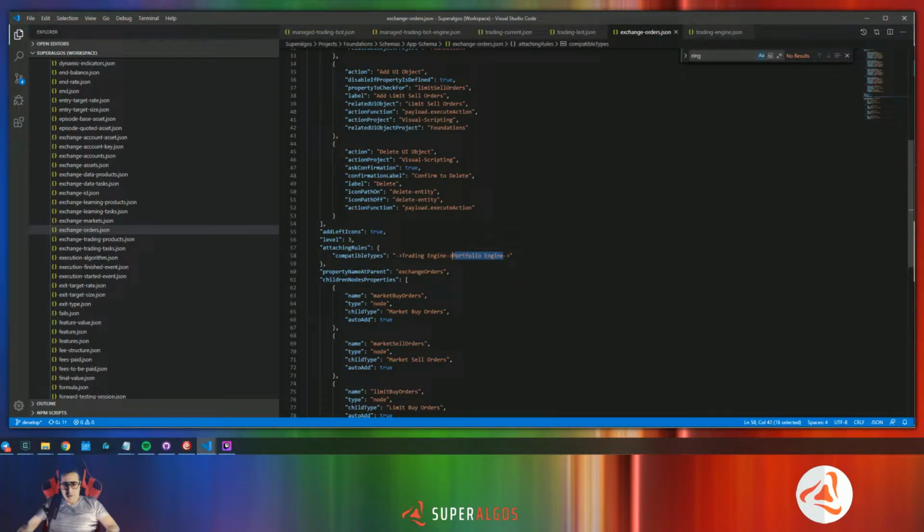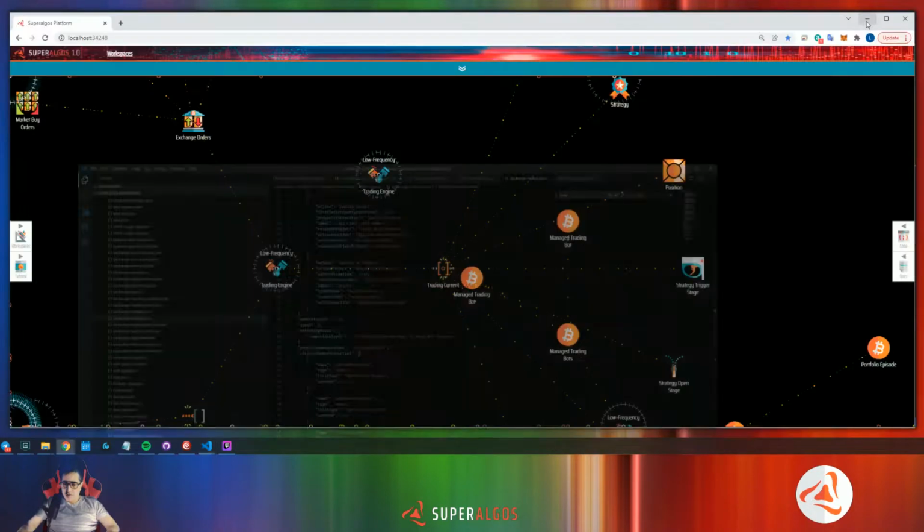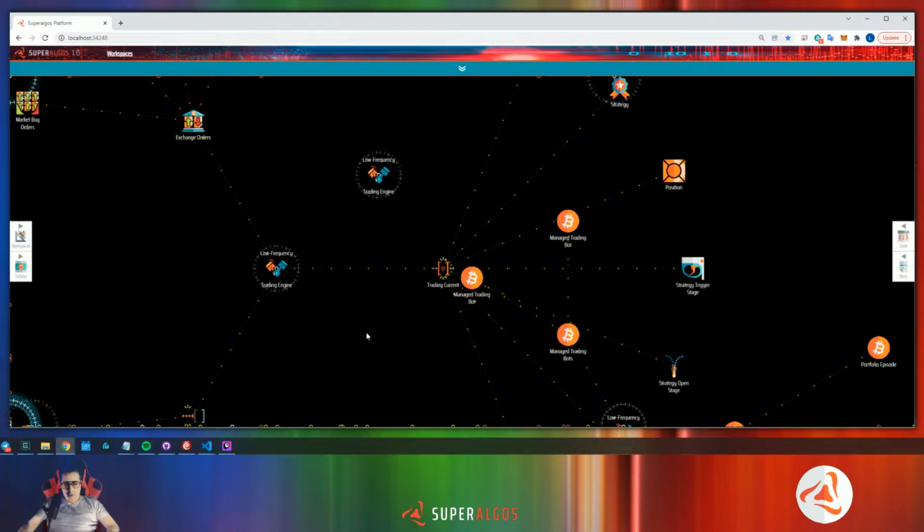This is incorrect. Connects to exchange orders. Okay. So with those changes done, we can refresh.